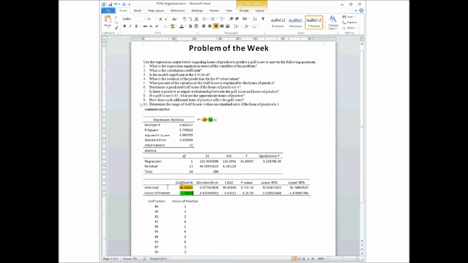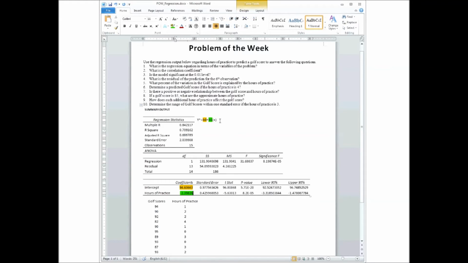In this case, hours of practice is the coefficient of your X. The slope is the coefficient of your X, where X is the hours of practice. That is how you'd answer the question. So the first answer would be y hat equals 94.63663 minus 2.39826 times X. That is your equation in terms of the variables of the problem.